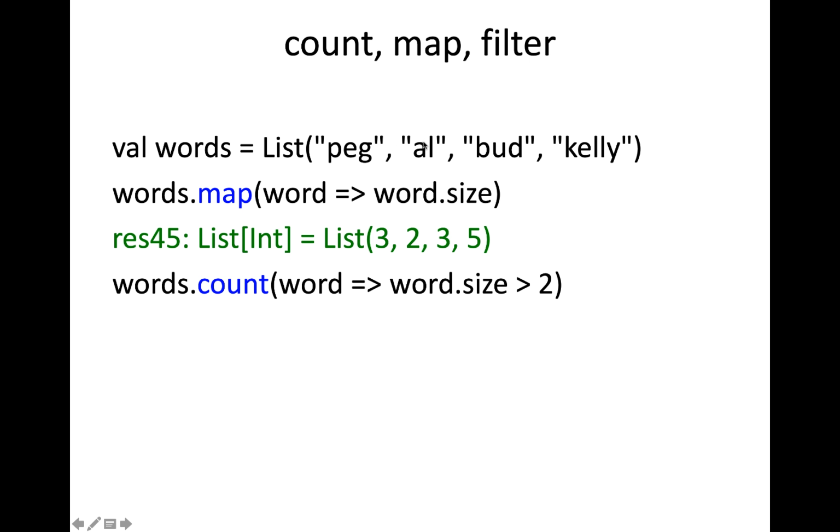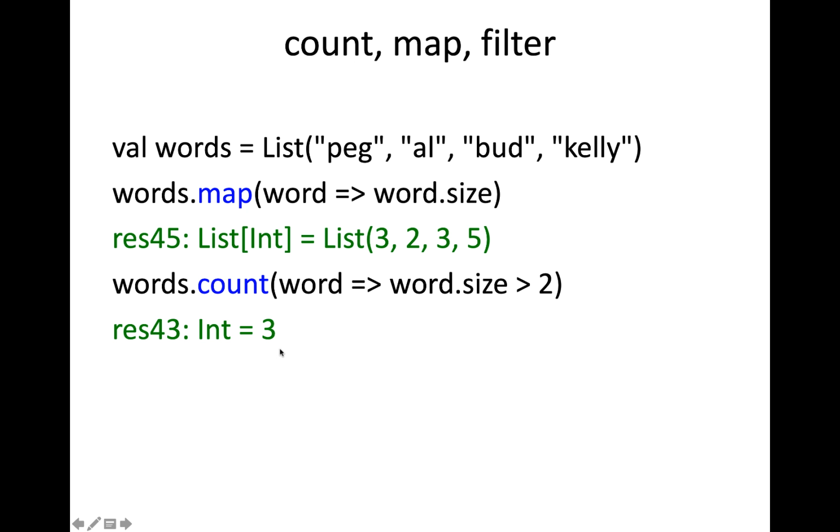This one will return false because the size is 2 here, so this logic fails there, right? So this will return false, this will return true, and this will return true. What count does, it counts from how many items we have got true result after applying the given constraint, right? So here the result is just 3.